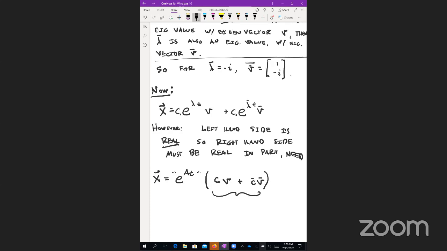So this is real in R2. Why? Well, because it's something plus its complex conjugate. Each entry is of the form z plus z bar. Great. And that then is equal to this expression up here. So c e to the lambda t v plus c bar e to the lambda bar t v bar. Okay. Any questions?